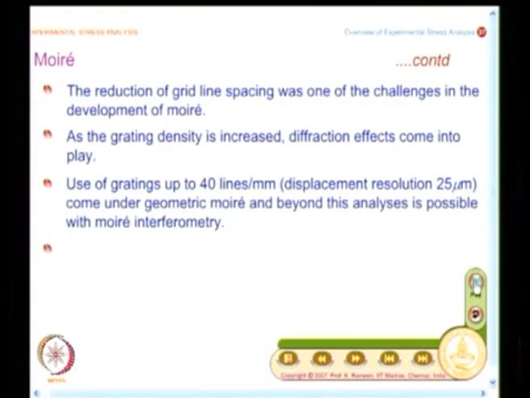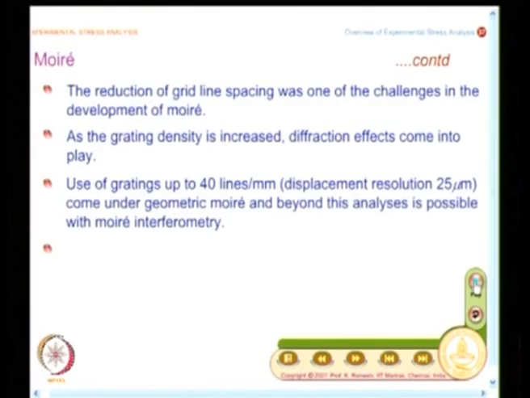And what we do is, we decide this based on the lines per millimeter. If you have 40 lines per millimeter, up to that you can interpret it based on geometric Moiré principle, and the displacement resolution is of the order of 25 micrometer, and 40 lines per millimeter is very fine. That itself is very fine.